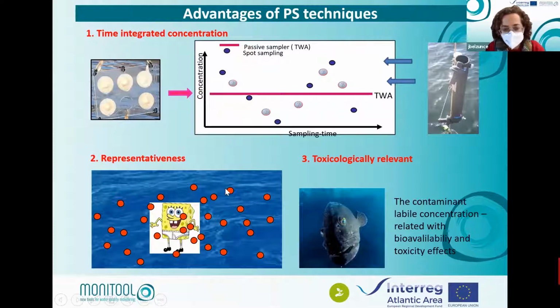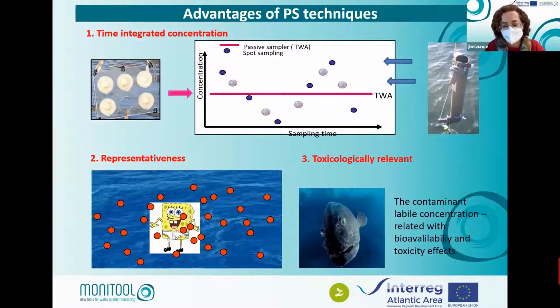So passive sampling is like a sponge that we put in the waters and can absorb all the spatial and temporal variability of the system. So the representativeness of passive sampling is much higher compared with grab sampling. Also very important, as Natalia mentioned, what we measure is the labile concentration, which is related with bioavailability and toxicity effects.